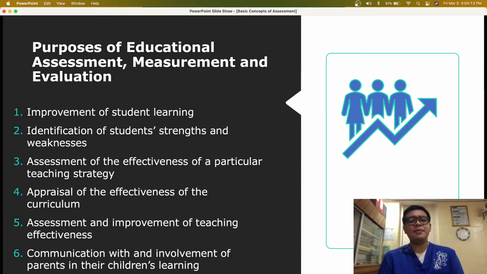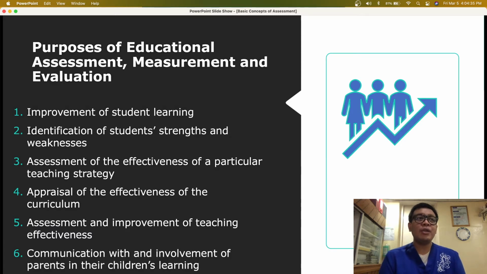Next is the assessment and improvement of teaching effectiveness. It's very important that from time to time, our way of teaching becomes more effective and more competitive in such a way that it could guide our students. Lastly, communication with and involvement of parents in their child's learning.